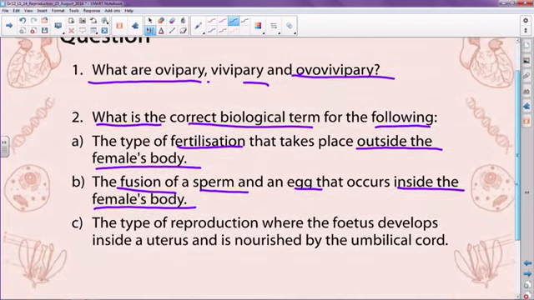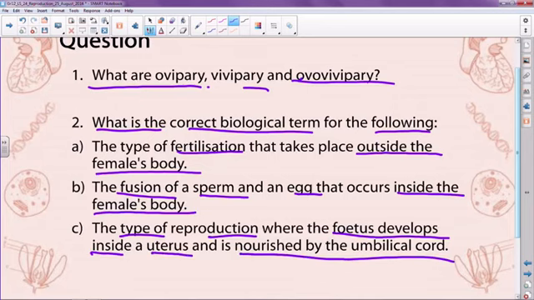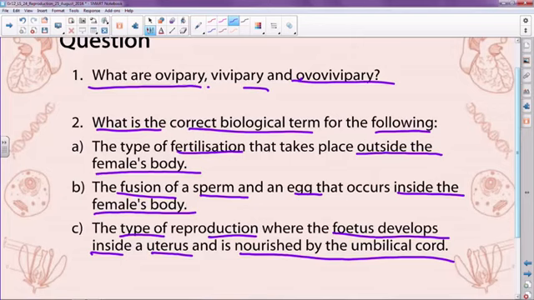Okay, and then the last one, the type of reproduction where the fetus develops inside the uterus and is nourished by an umbilical cord. It's actually five, but it's two questions. Well, four questions. And I want you to give me everything you can, and I'm going to give you 3 minutes for it. Are you ready? Off you go.